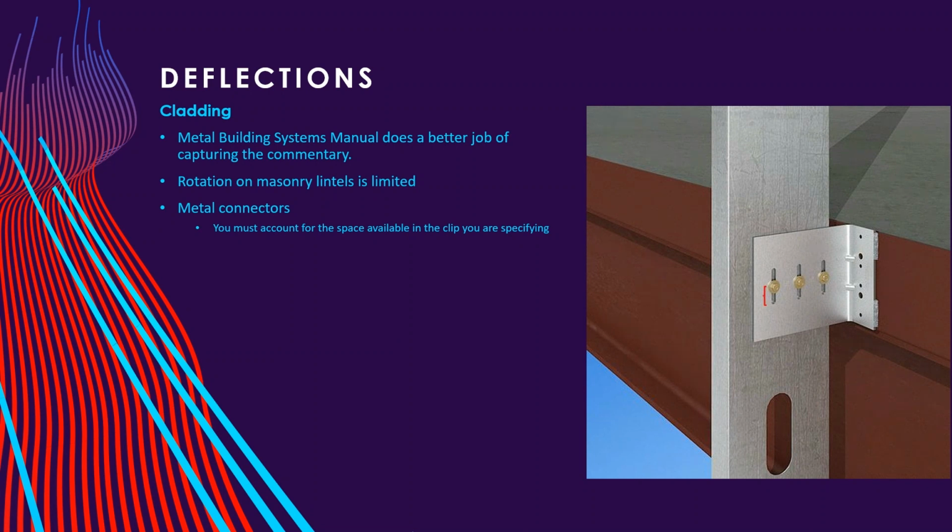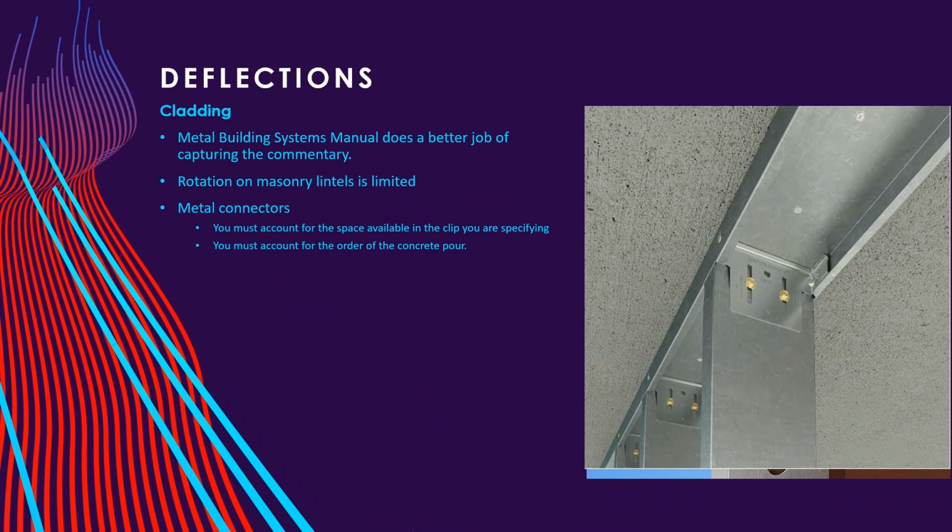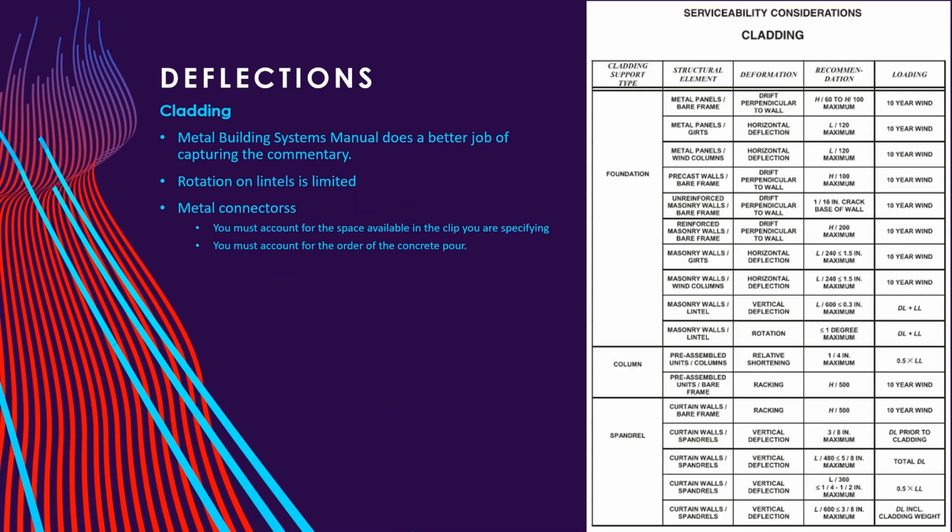So here's the space that's allowed. You have to account for that, and you have to account for the order of the concrete pour. If this is a concrete plank with a topping above, and they put the stud in, then put the 2 or 3 inch topping down on the concrete plank, you'll bottom that clip out real quick.